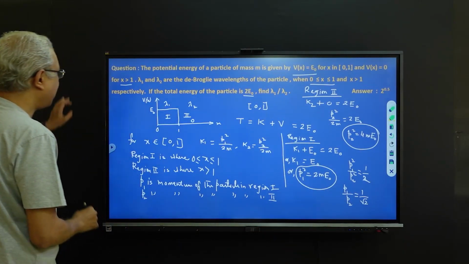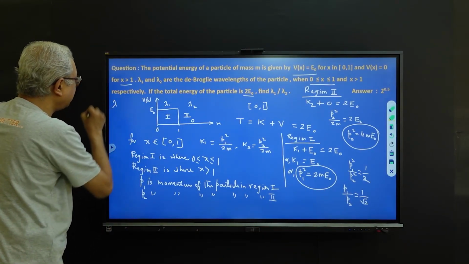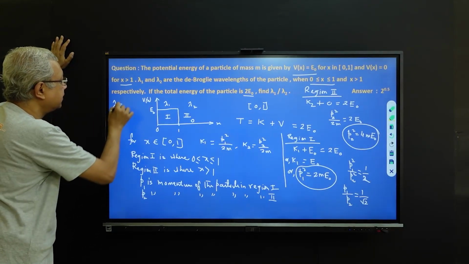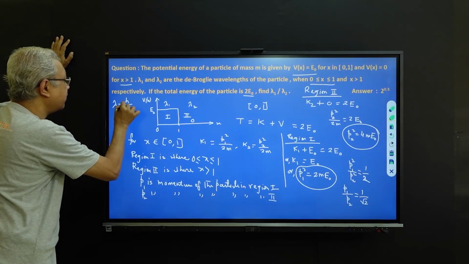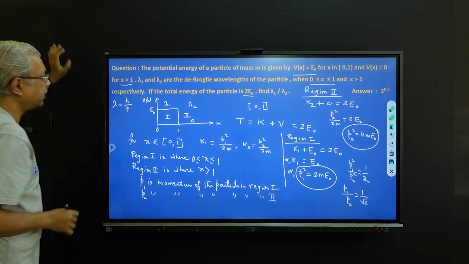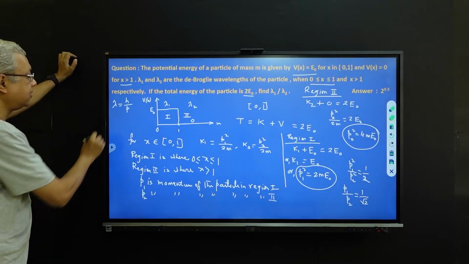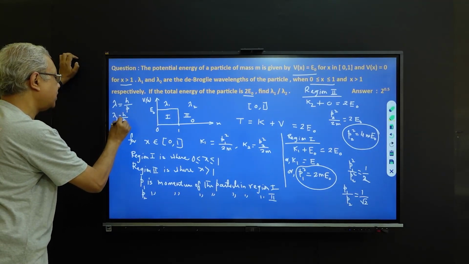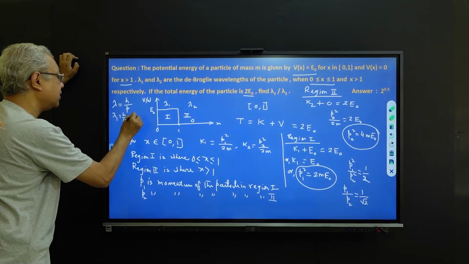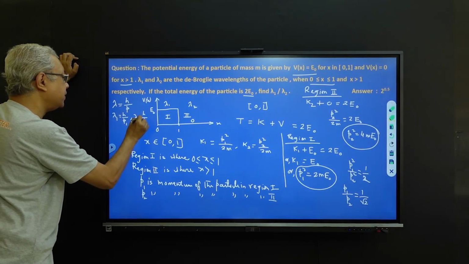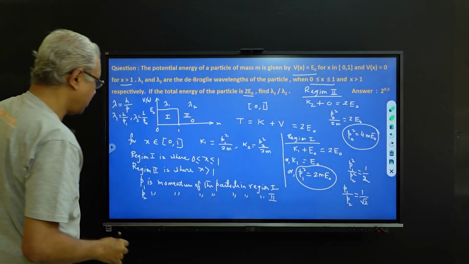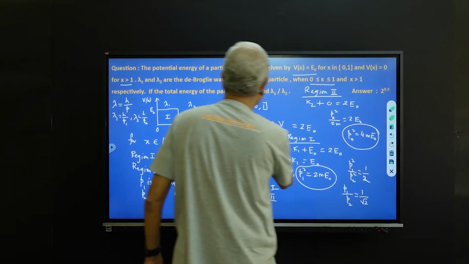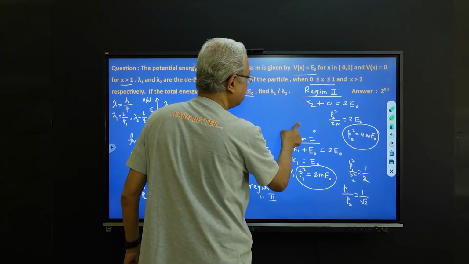Alright. But we know the de Broglie wavelength associated with a particle having momentum p is lambda equal to h by p. Therefore, in region 1, lambda 1 is h by p1, lambda 2 is h by p2.